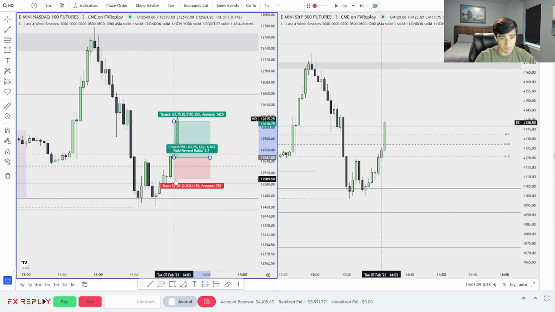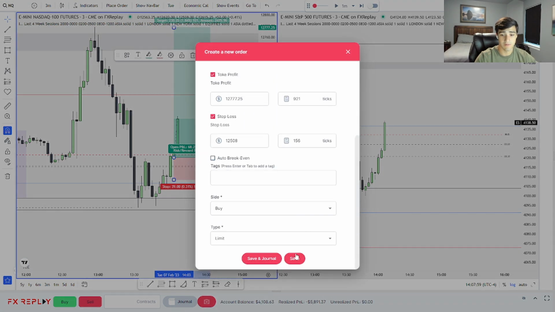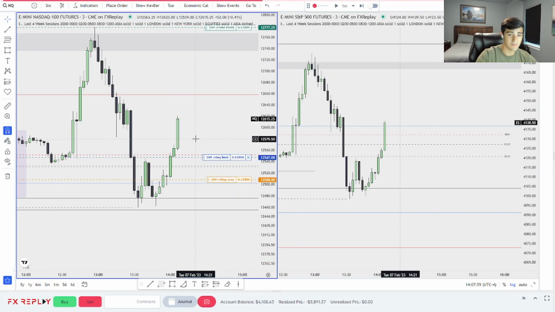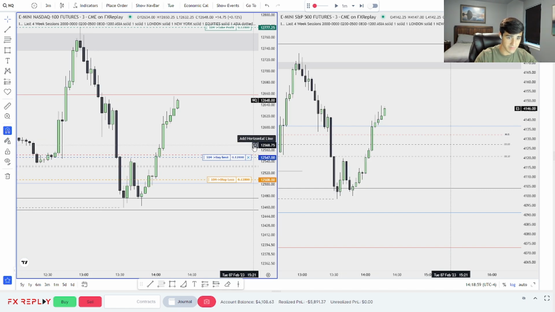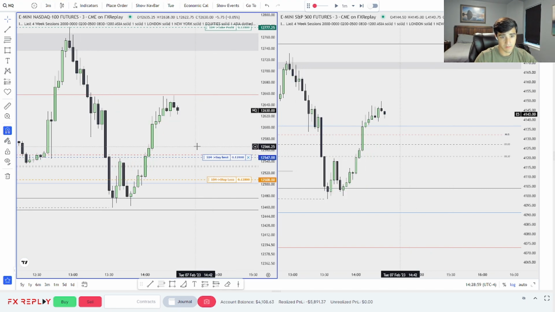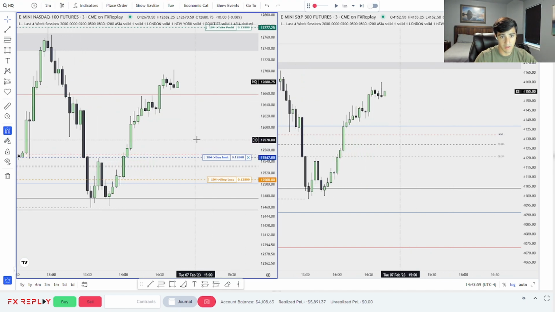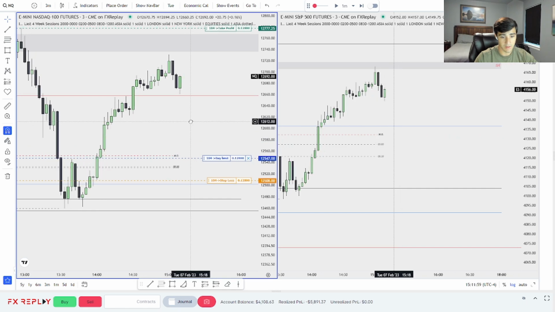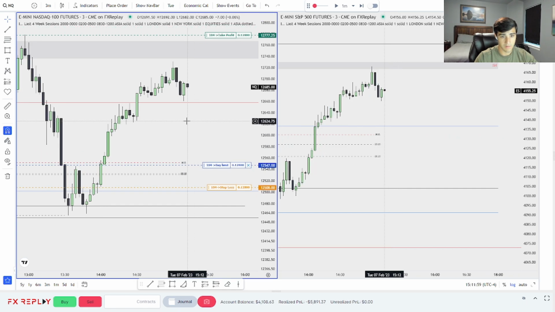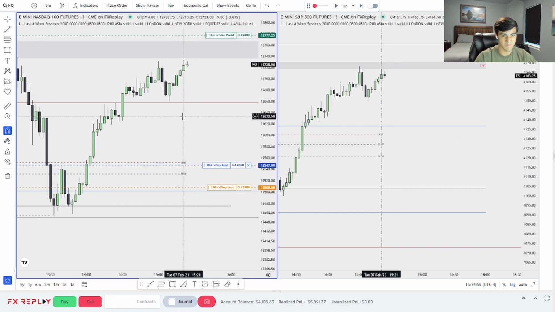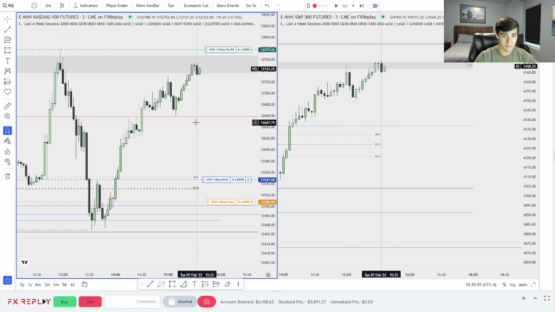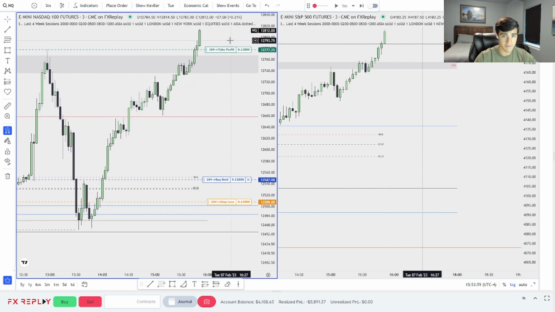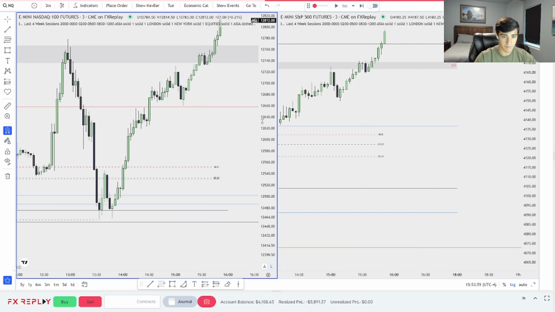Something like this, maybe? Targeting that high? Let's see. Price probably just gonna leave. Goodbye. Does it deliver to that high though? Yes, it does. Okay, there we go.